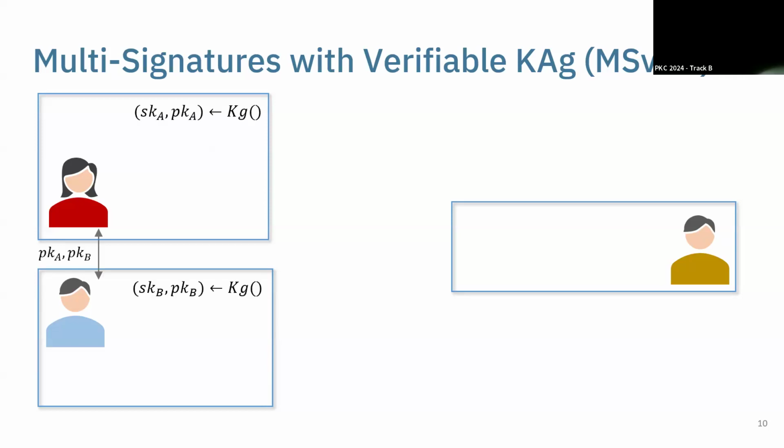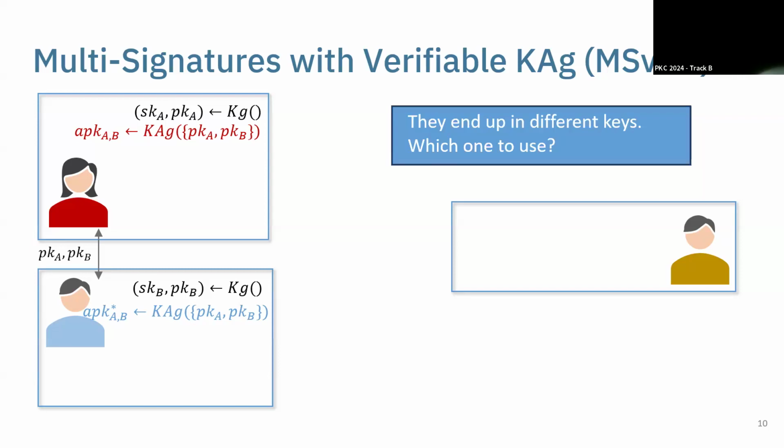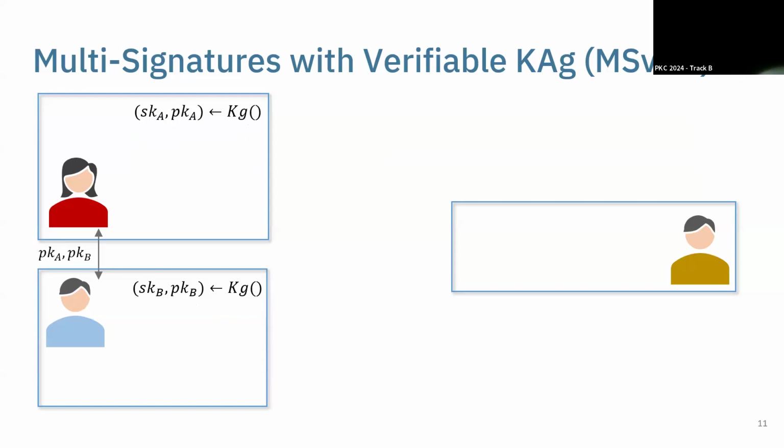So our first aim was having probabilistic key aggregation. So let's just try adding probabilistic key aggregation to the previous scheme. If we have it and we just run the same structure, Alice and Bob will end up with different keys, because key aggregation is probabilistic now. So we don't know which one to use. A simple change would be to make one of them run the algorithm and share the result with the other one.